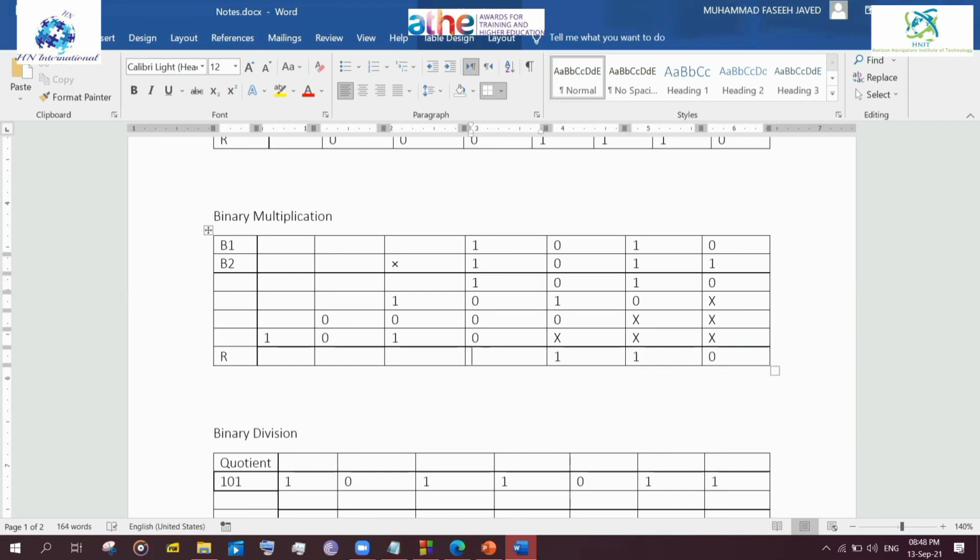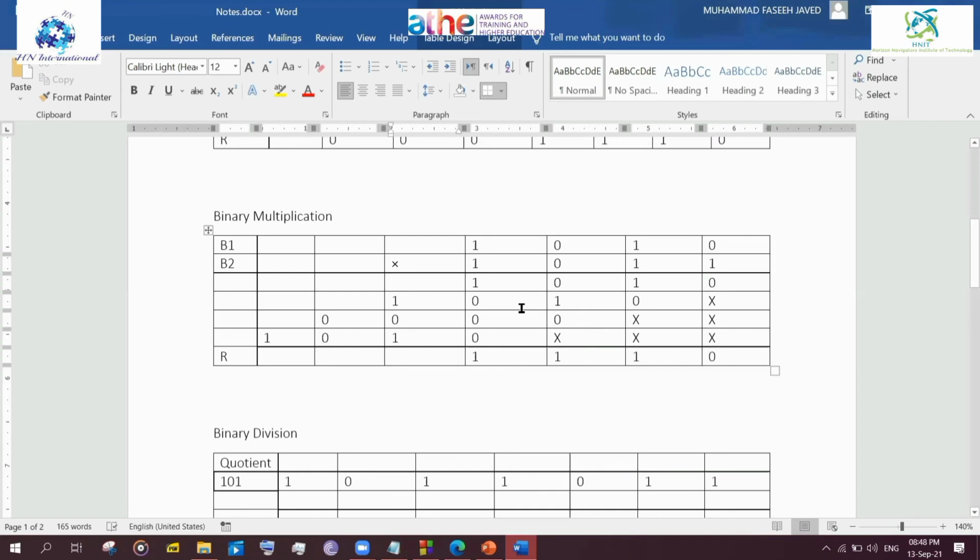Even here, I guess 1. No idea about this one. It's going to be 0, right? It's going to be 0. And 1 will get carried over to the next column. That is the correct answer.